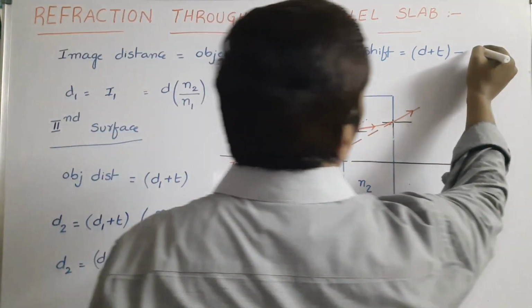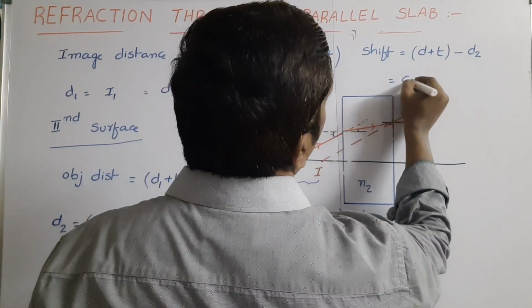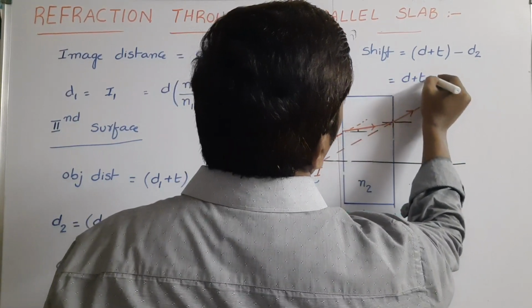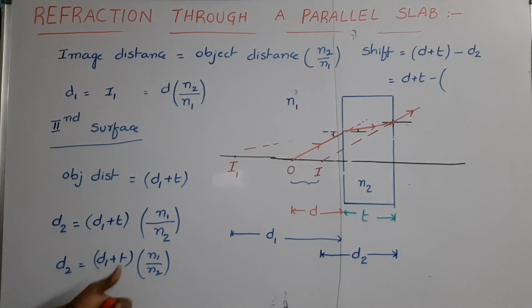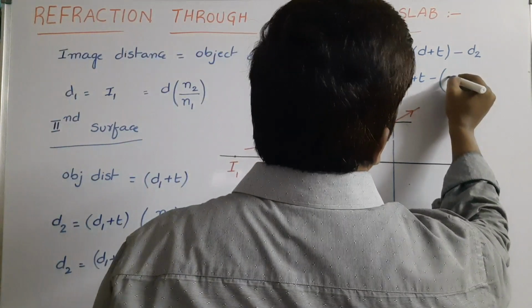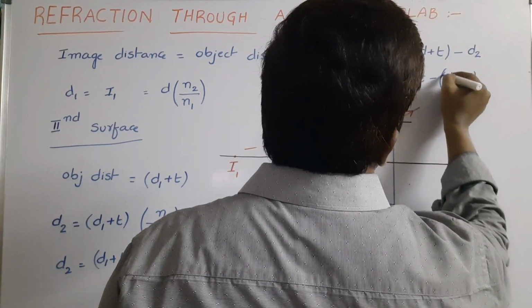The object distance is D plus T, and the image distance is D2. So we can write D plus T minus D2, where D2 is equal to D1 plus T into N1 by N2.